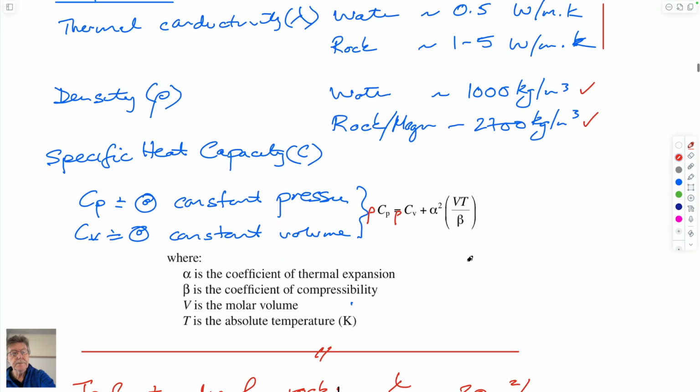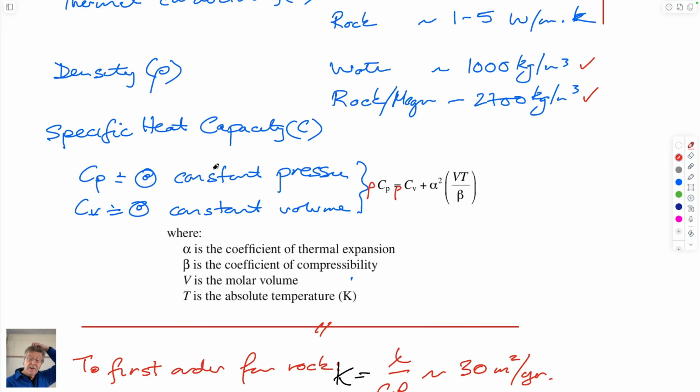And specific heat capacities can be defined either at constant pressure or at constant volume. They don't change by very much. We usually work with them at constant pressure. If it's constant volume, you have to make a small adjustment, but there's a very small change in them.